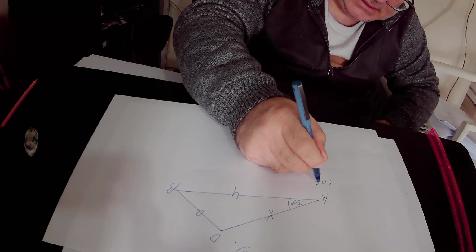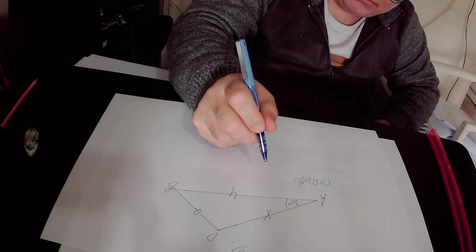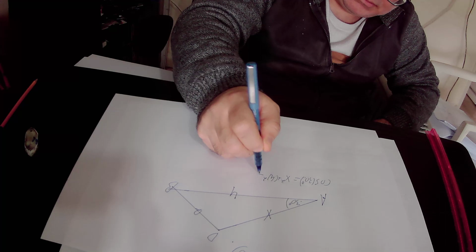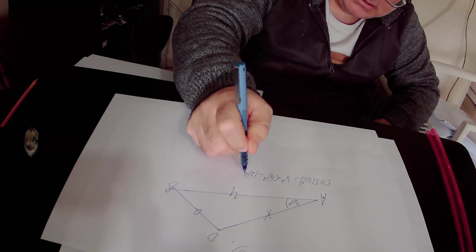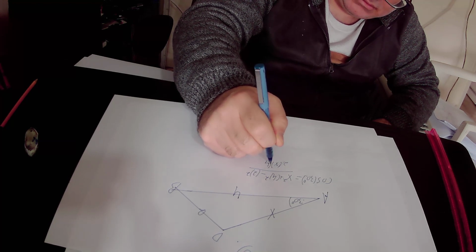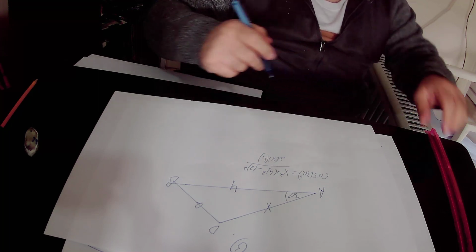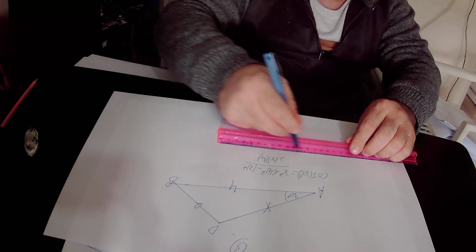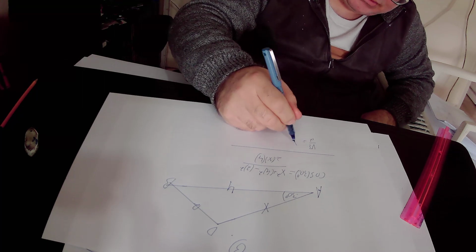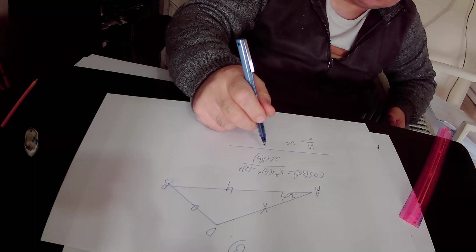According to the law of cosines, cosine 30 degrees equals x squared plus 4 squared minus 2 squared over 2 times x times 4. So cosine 30 degrees is square root of 3 over 2, that equals x squared plus 4 squared is 16, minus 2 squared is 4, 16 minus 4 is 12.